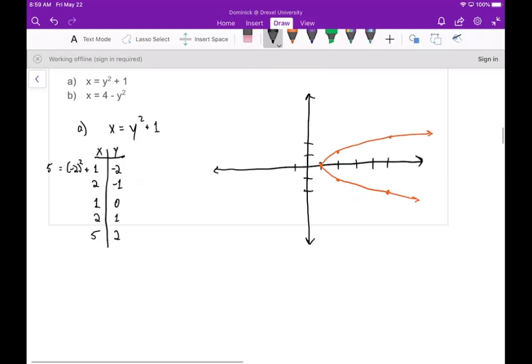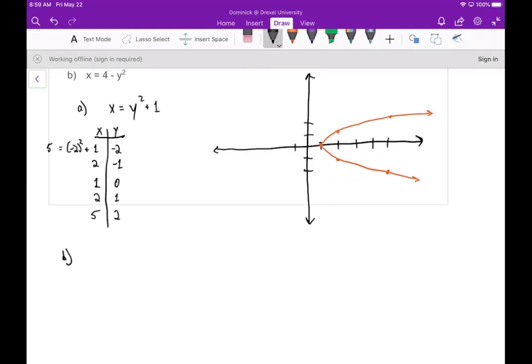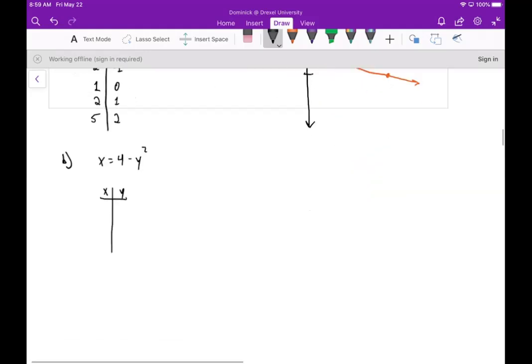Now part B. Again, we have x by itself this time, so we want to test values of y, just like we did in part A. So again, we'll test -2, -1, 0, 1, and 2. Now, if you plug in -2, this is where you get 4 minus (-2) squared.